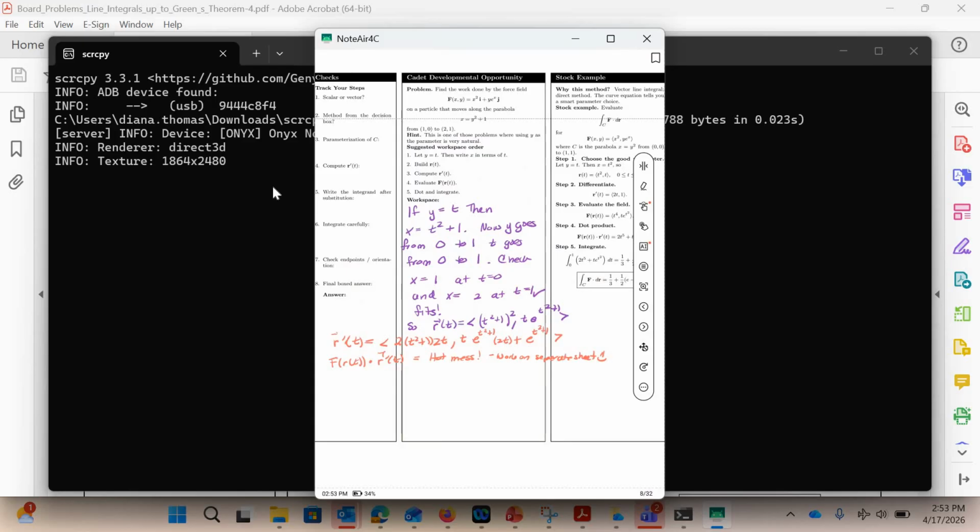So if I look at that equation, the easiest isolated variable is y equals t. So then x has to be t squared plus 1, right? And if I look at the y coordinates above, the y coordinates are going from 0 to 1. So y goes from 0 to 1, so t goes from 0 to 1.